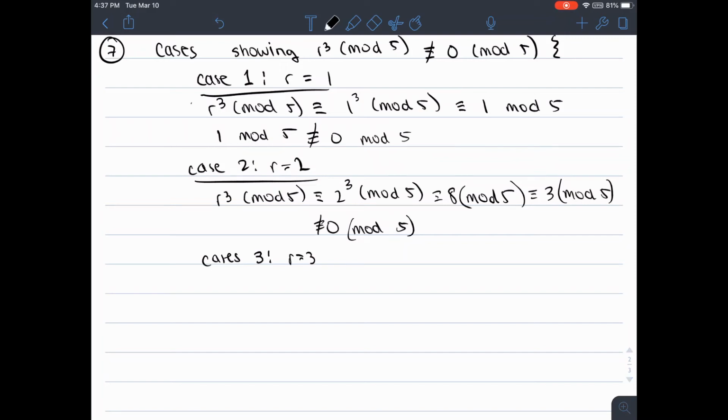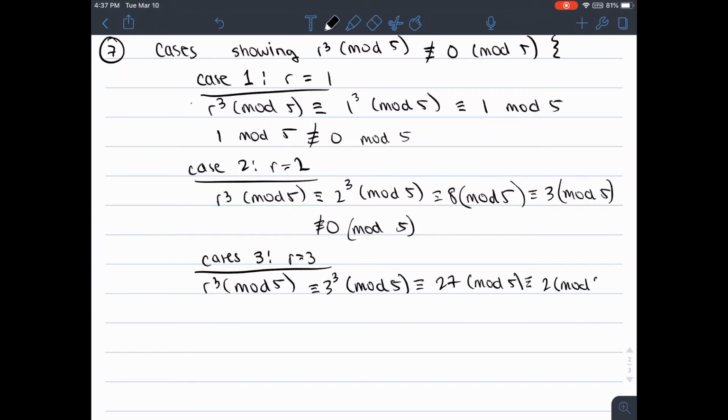Case 3, r is equal to 3, so r cubed will be equivalent to 3 cubed mod 5, which becomes 27 mod 5, which is equivalent to 2 mod 5, also not equivalent to 0 mod 5.